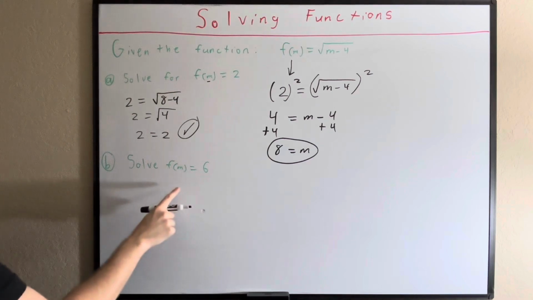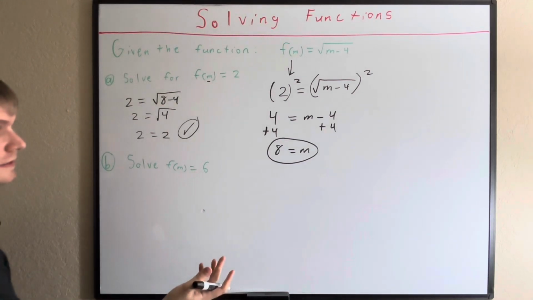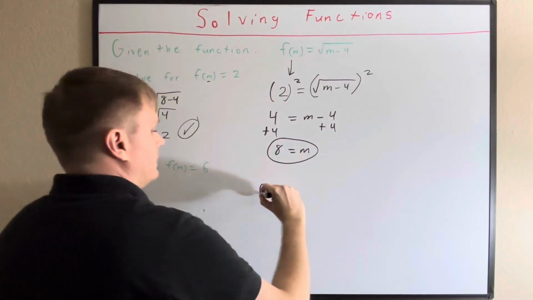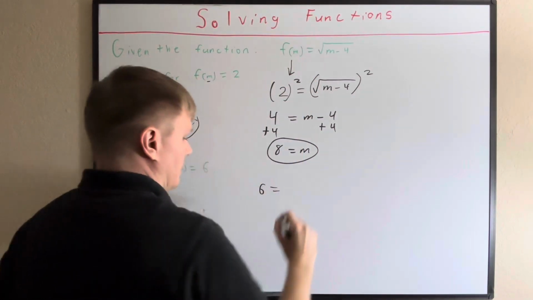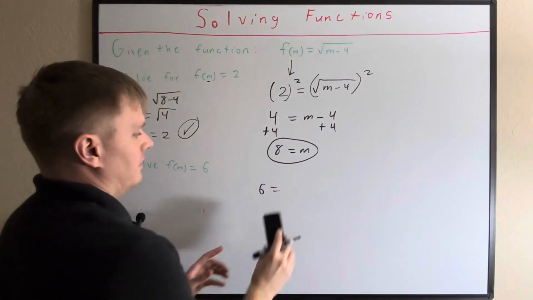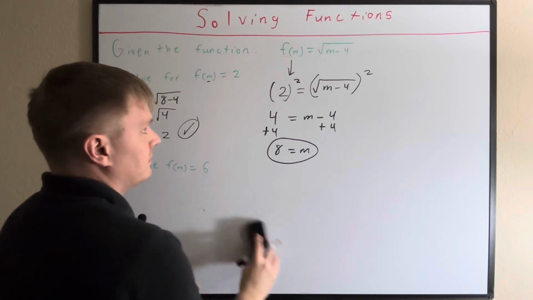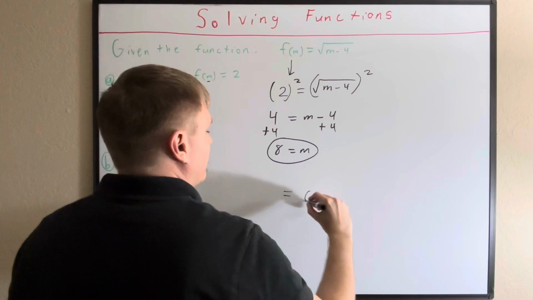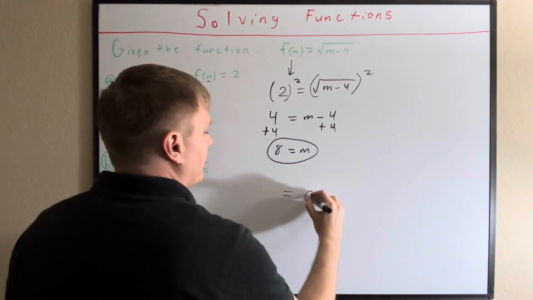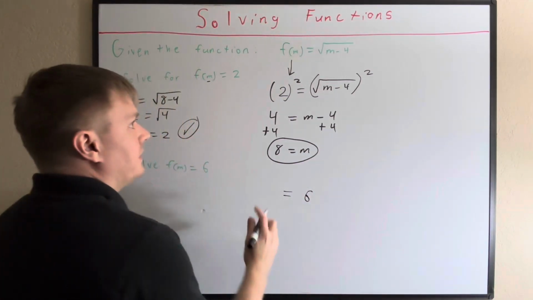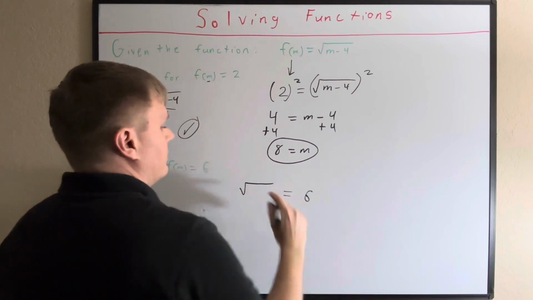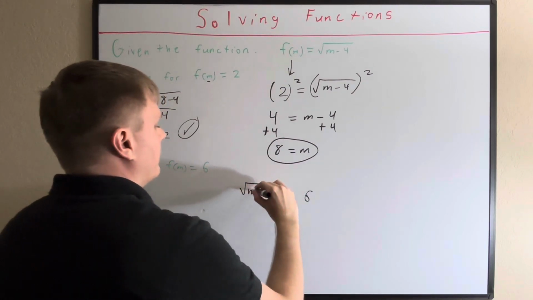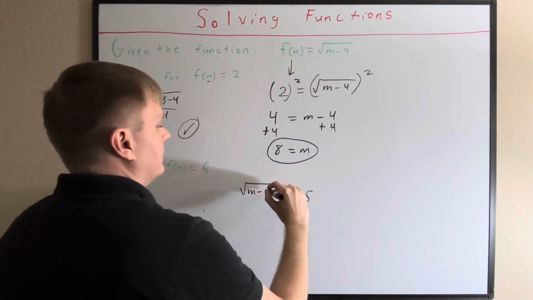All right, let's try this next one. f of m equals 6. So instead of f of m, we write 6 equals, let's just, for the sake of showing you that what you have on one side of an equation doesn't really matter if it's on the right-hand side or the left-hand side, let's just put the 6 on the right-hand side and solve for m on the left-hand side.